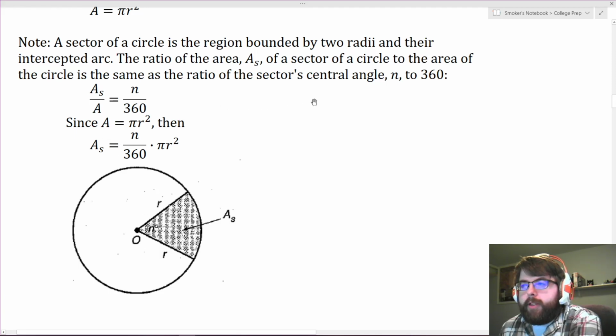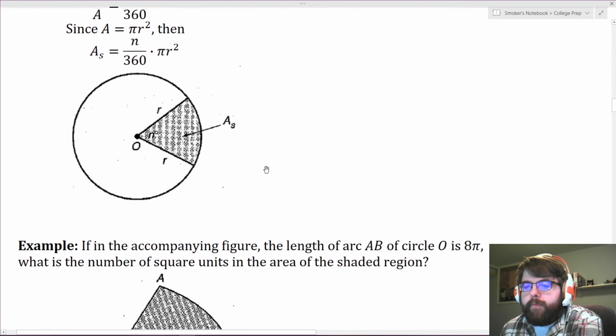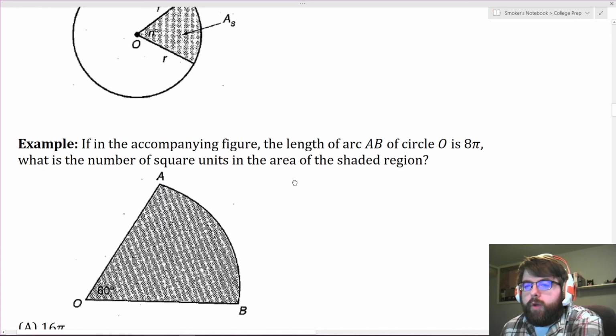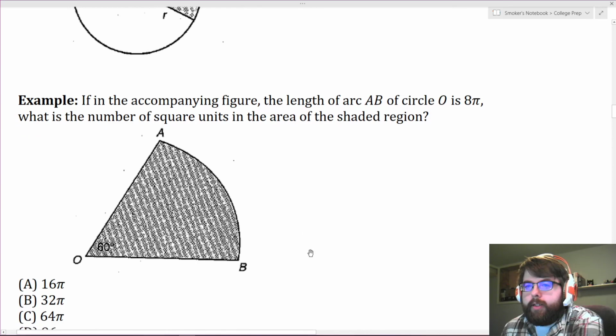So just like we did with the arc length, we can multiply A to both sides and then change A to pi r squared, and the area of the sector will be the angle measure over 360 times pi times r squared. So with those formulas, we can find the length of an arc and the area of a sector, part of a circle. All right, so we're going to do an example of that.